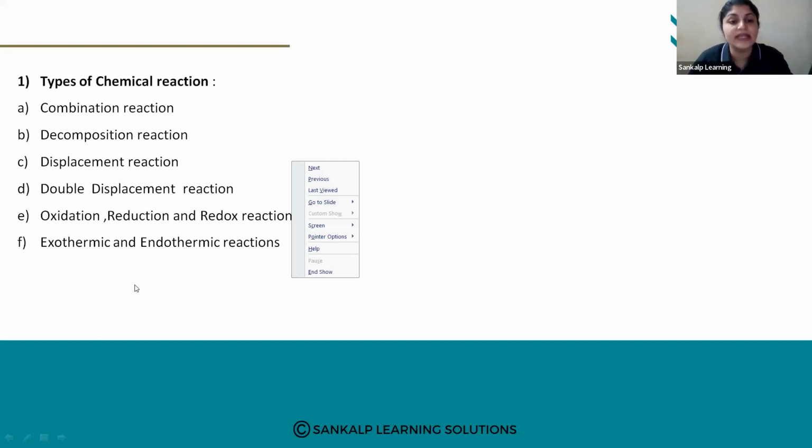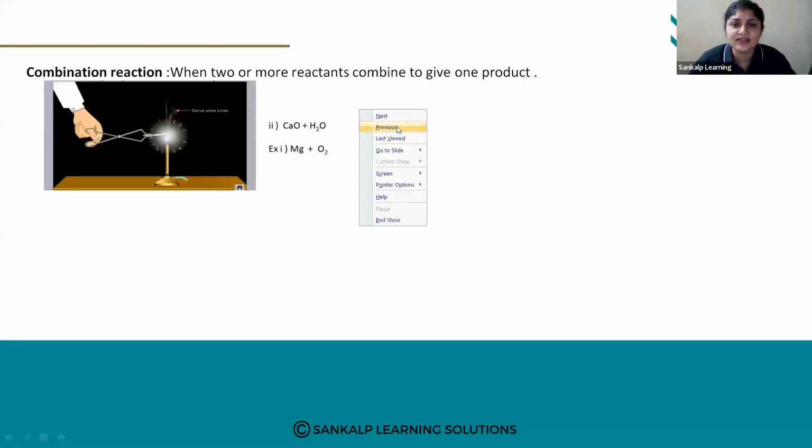And what is endothermic? Heat is absorbed. It will have a cool effect. So reactions in which energy is absorbed are called endothermic reactions. These are the types of reaction we discussed.